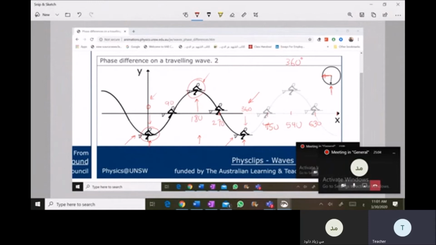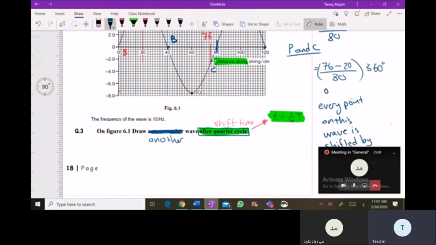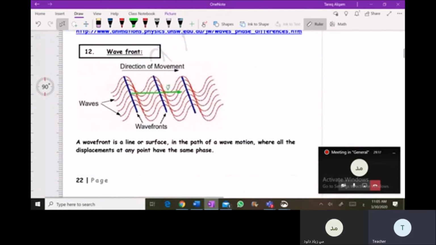Now to do this I can do something. Now let's talk about the wavefronts. Wavefronts are the top view of the waves, right? Top view of the waves. And it seems that I'm observing the movement of the waves from the top. From where?